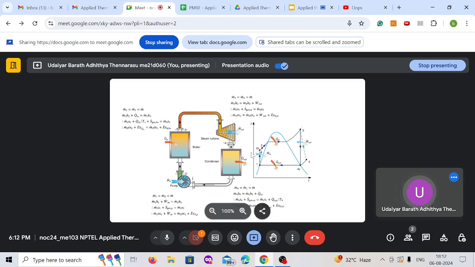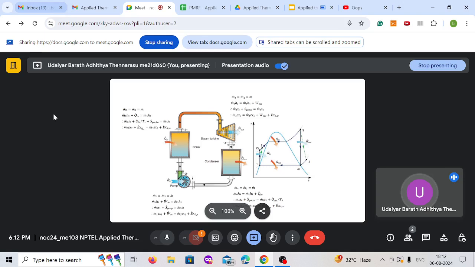And then again, that's an isobaric heat rejection. So the actual system looks something like this.